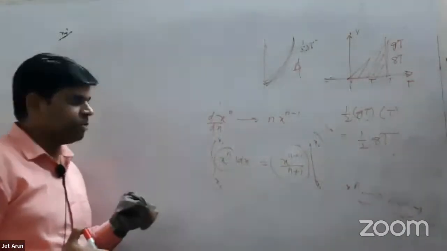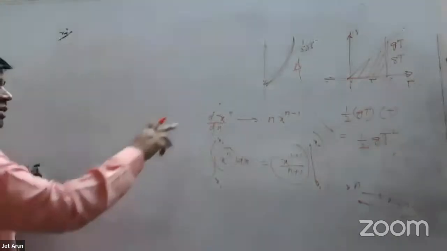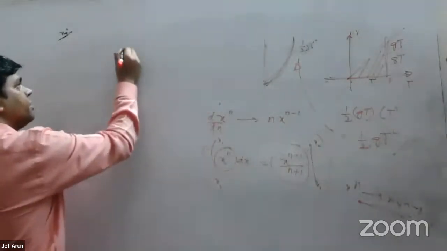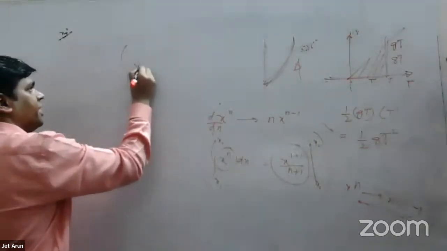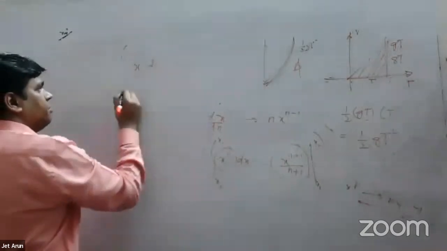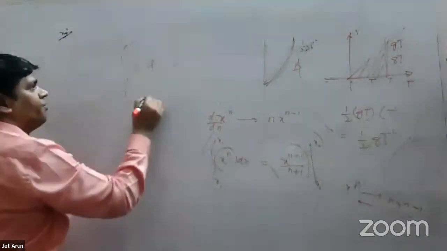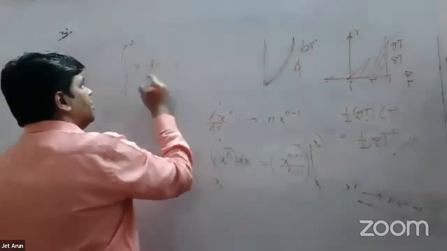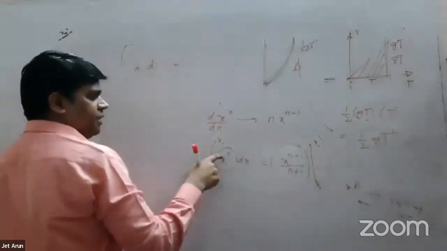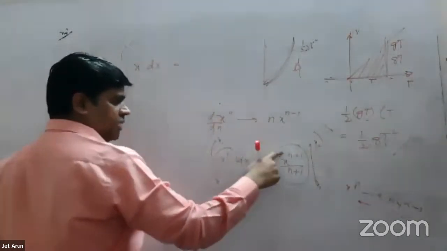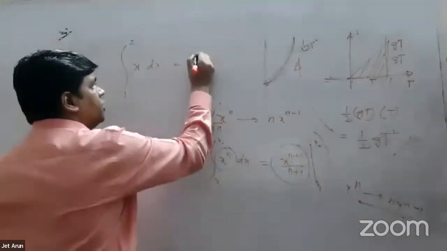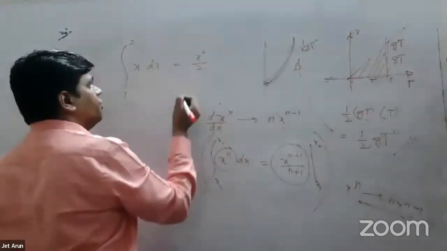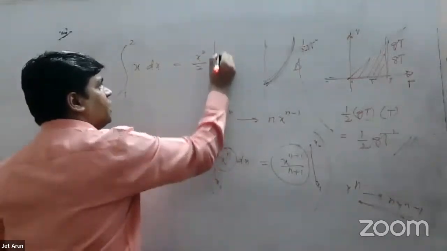Good. All right. Now let us find out integral x dx between limits 1 to 2. What do I get? Integral x is x power 1 plus 1 by 1 plus 1, so x power 2 by 2, under the limits 1 to 2.